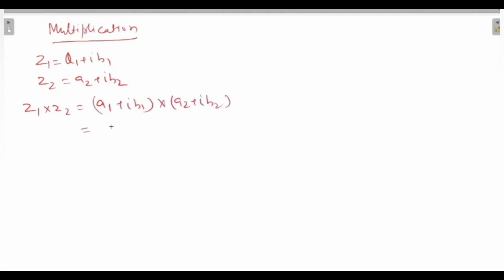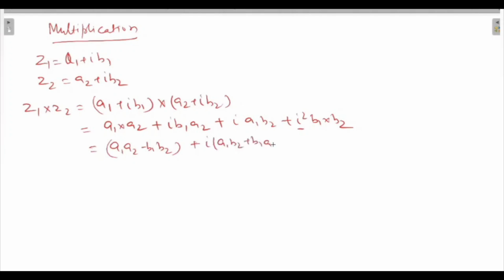Similarly, it will be a1 into a2 plus i b1 a2 plus i a1 b2 plus i square b1 into b2. Now we know that i square is minus 1, so I'll just write a1 a2 minus b1 b2 plus i times a1 b2 plus b1 a2.